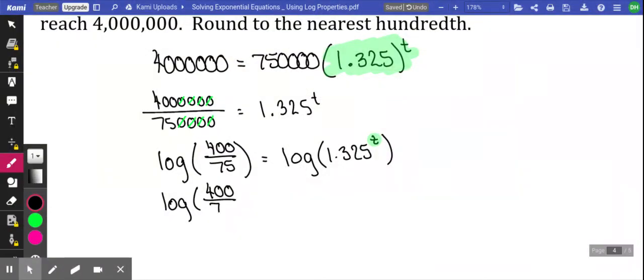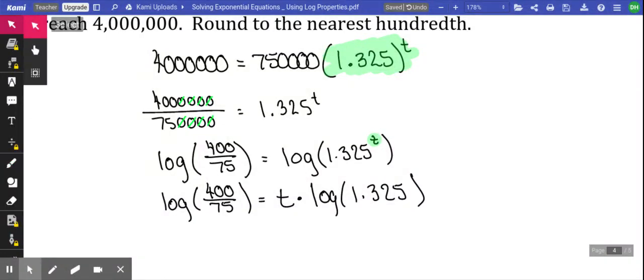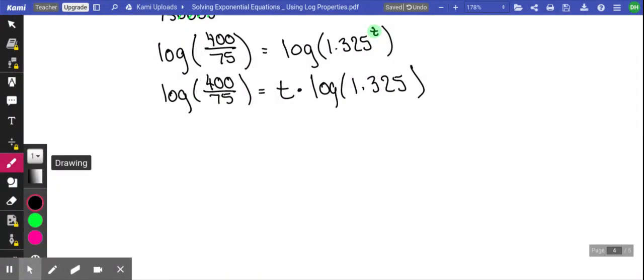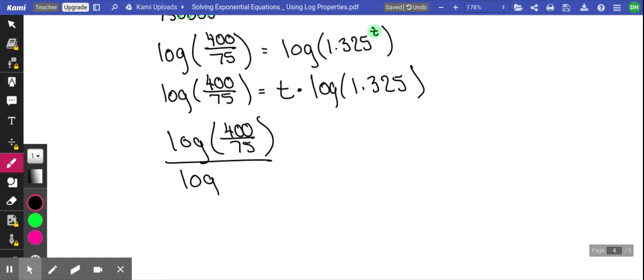Log of 400 divided by 75 equals t times the log of 1.325. And then we'll just divide both sides by that log. So ultimately what we've got here is the log of 400 divided by 75, divided by the log of 1.325, equals t. Going into our calculator and rounding it to the nearest hundredth, I got 5.95 years.